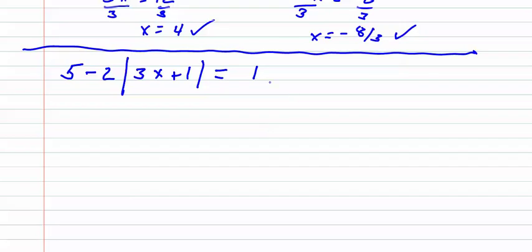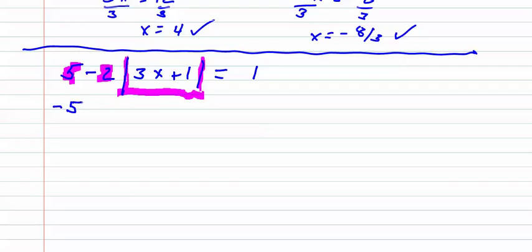Now, the absolute value here, the absolute value is not by itself. I need to somehow do something with this 2 and with this 5. I want this absolute value to be all by itself. The order in which I do this is very important.